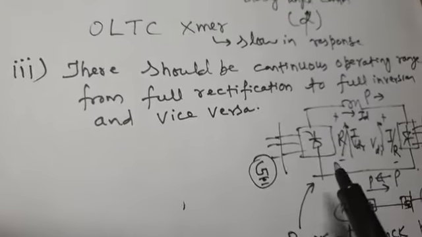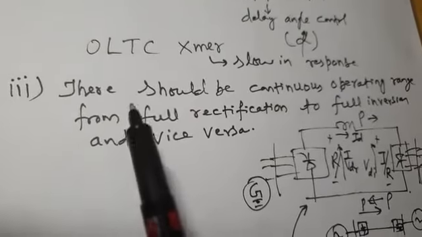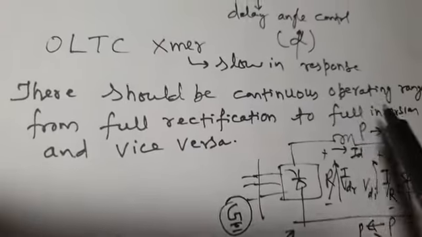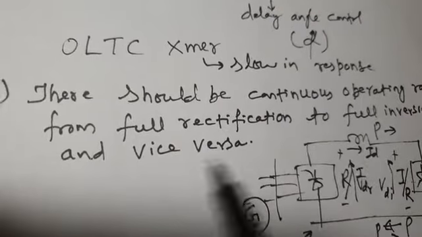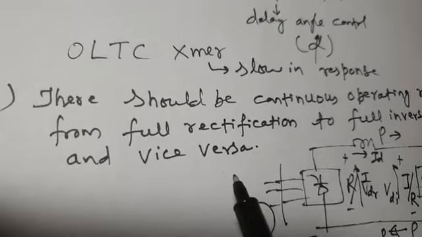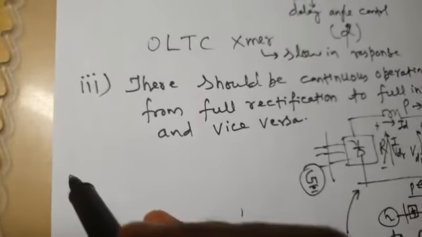One more desirable feature of the controller should be that there should be a continuous operating range from full rectification to full inversion and vice versa. Okay, this was third.